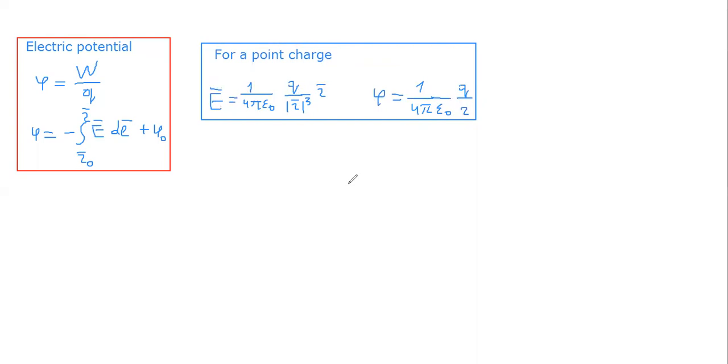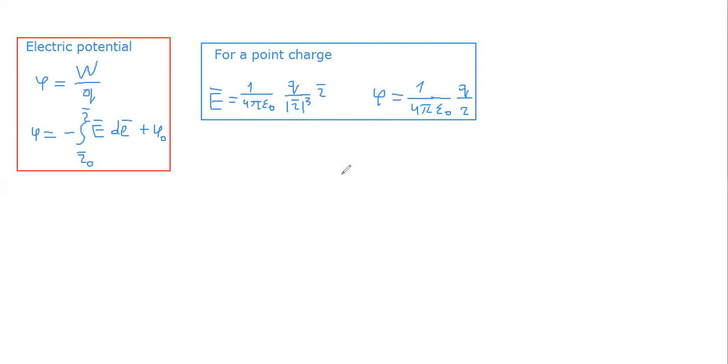Okay, and one more question. We have just found a potential of a point charge from the electric field intensity of a point charge.